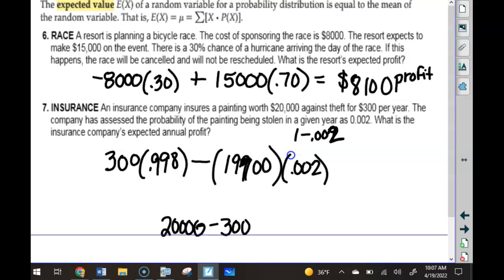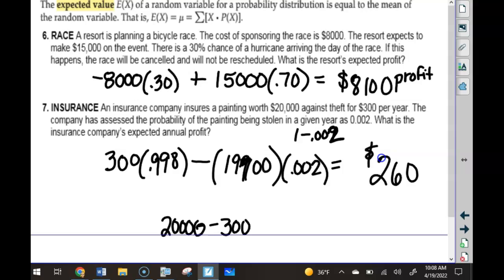So 300 times 0.998, but there's a chance that they lose 19,700, but that only happens 0.002 of the time. So it comes out to be a positive $260. Someone get that? Okay.